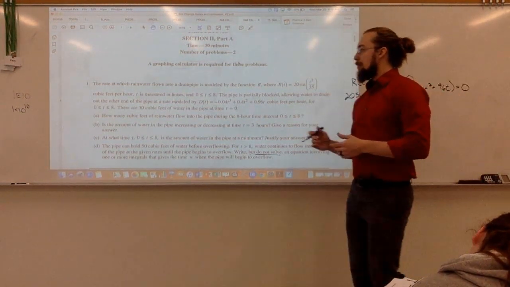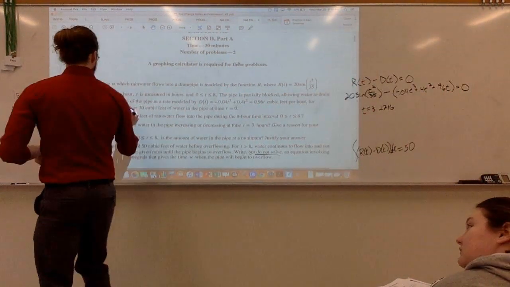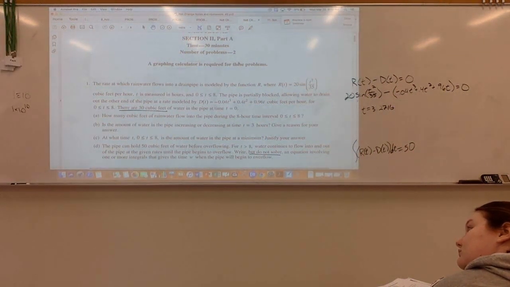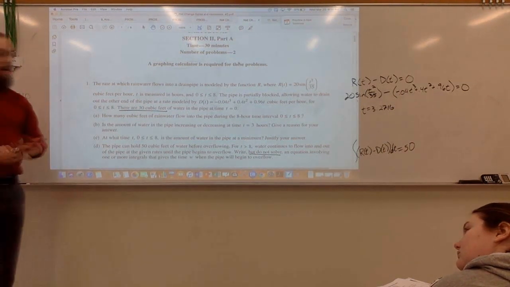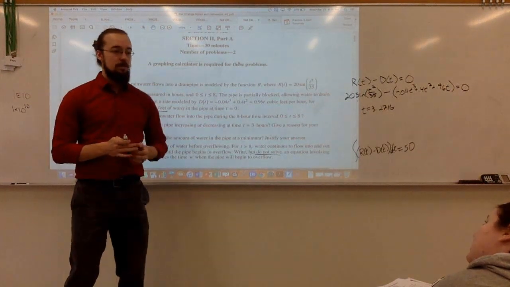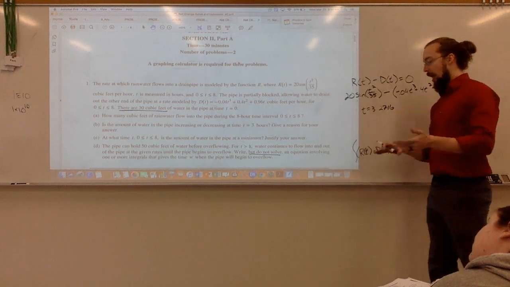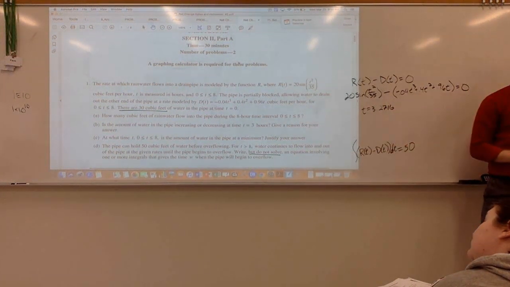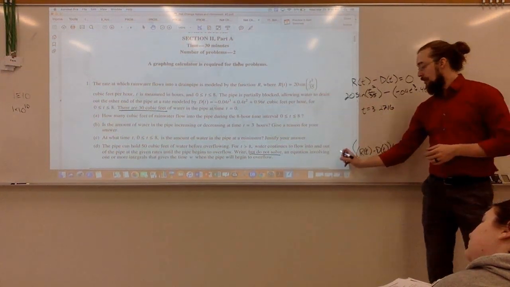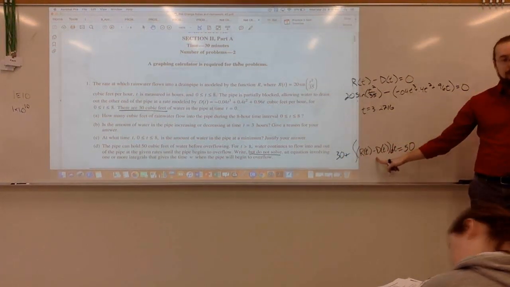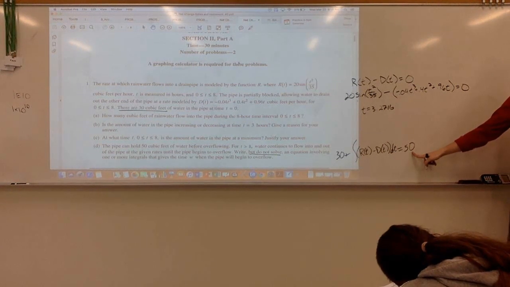Now, one piece that we haven't used yet, we are told that at the start, at t equals 0, there are already 30 cubic feet of water. How would I take that into account here? Should we add it or subtract it here? Add, right? That's the initial value. So initial value plus net change. We want to figure out when that equals 50.